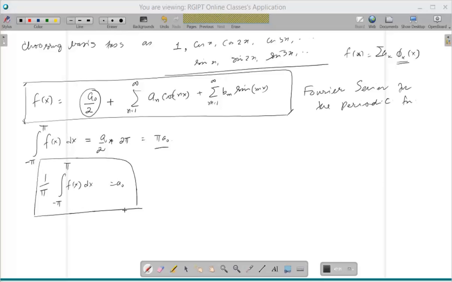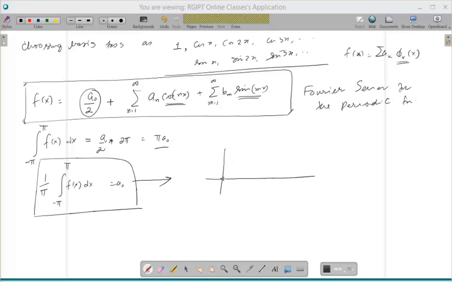Now there is an important thing to be remembered here. If you look at the behavior of these functions, they take an equal amount of swing towards the positive and negative sides, right?